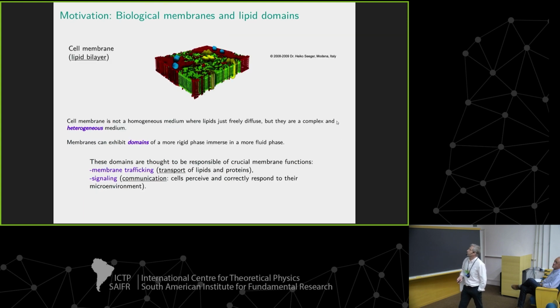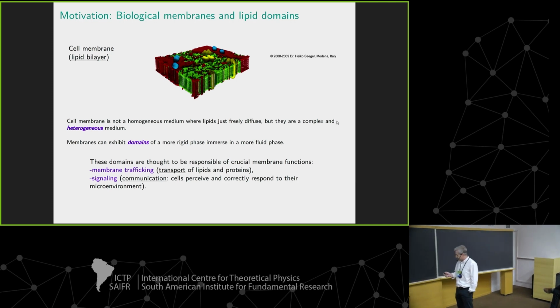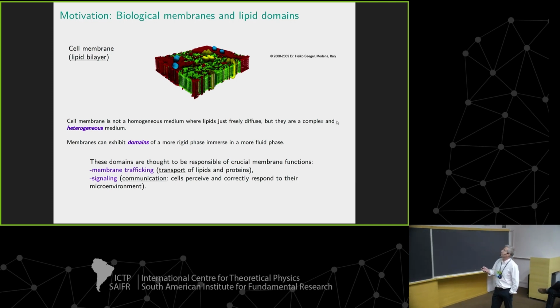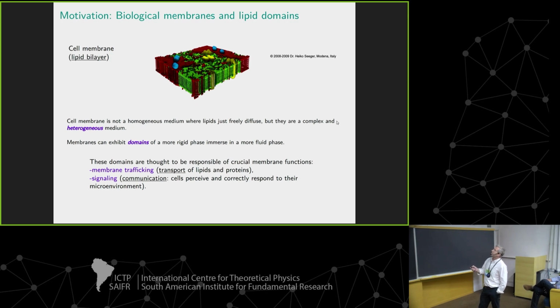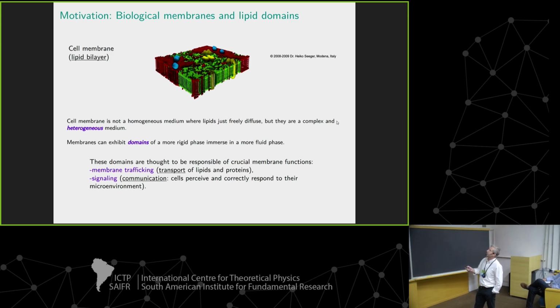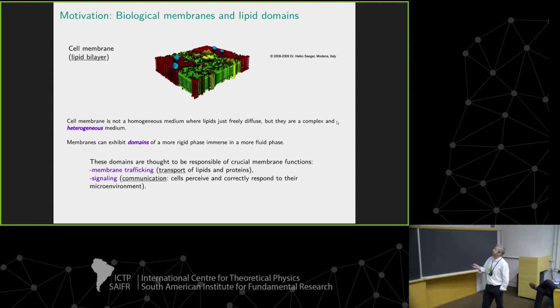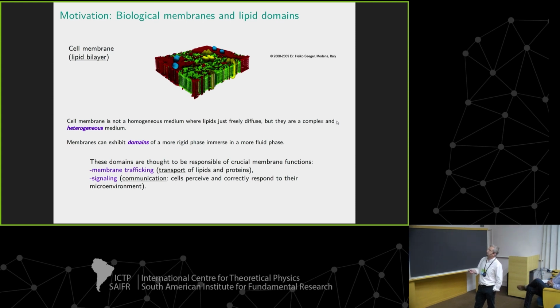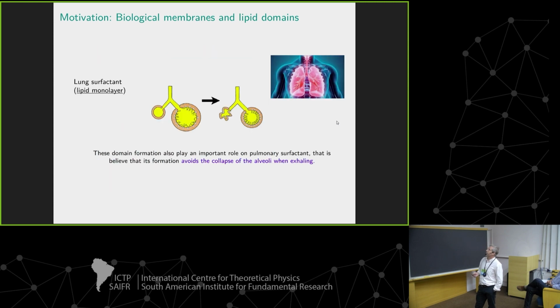Biological membranes are quite complex, and one of the characteristics we are interested in describing is that they exhibit rigid phase domains that diffuse in a more fluid phase. These are quite important in biological relevance, for example for membrane trafficking and signaling. So it is interesting to capture and understand the behavior.